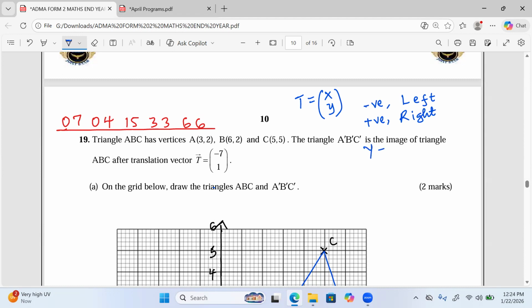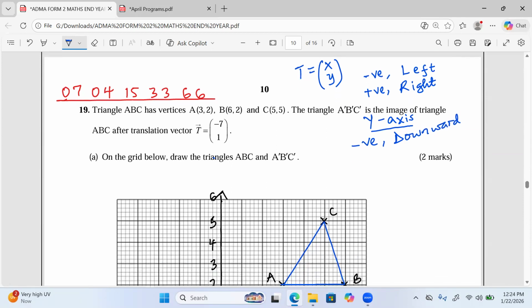But on the y component, if it is negative units, we usually move downwards. This is now the vertical component in the particular translation. When it is a positive unit on the y, we usually move upwards. And of course, we shall be guided by the number of units.